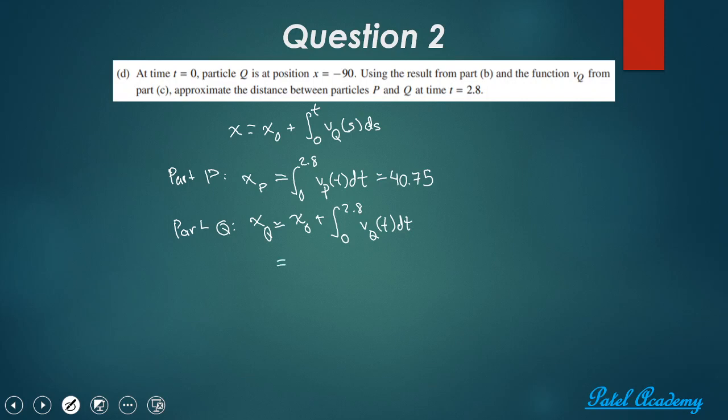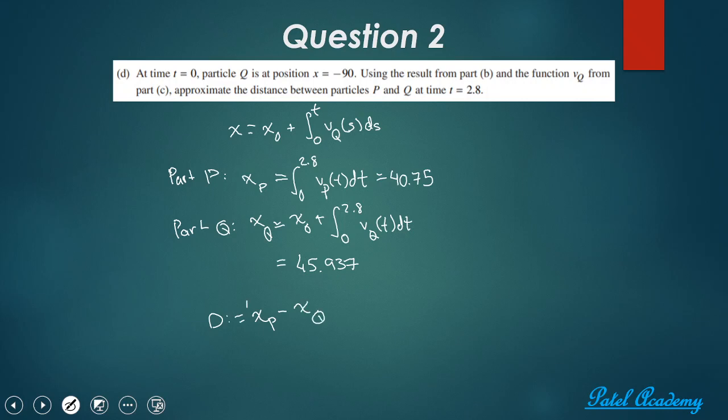Now we're given that particle q is at position x equals negative 90, and then plus this integral, our overall thing, we get 45.937. And so our distance is just x at p minus x at q.